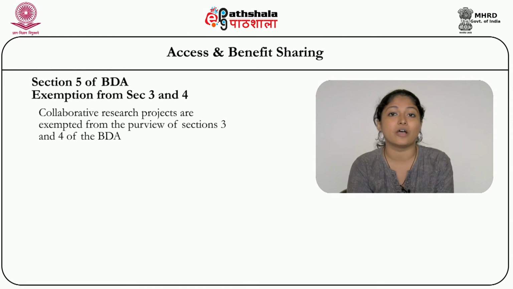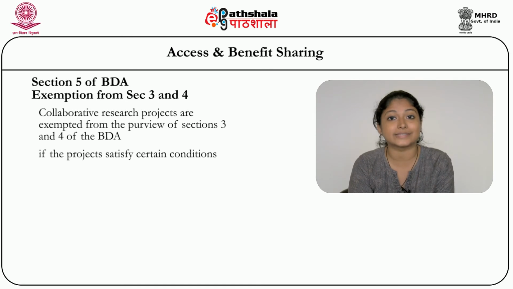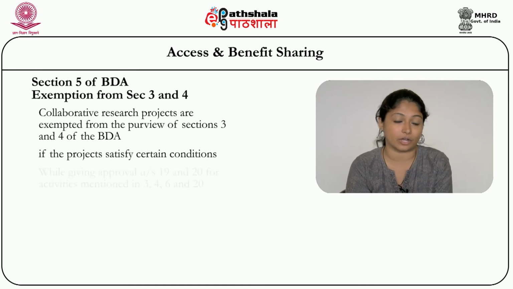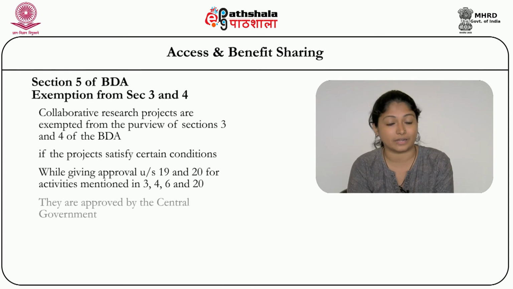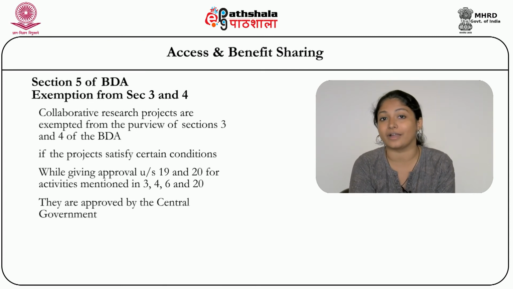If the collaborative project complies with all the conditions listed, that is, the guideline issued by the central government, and you have got approval of the central government, then you don't need the permission of the National Biodiversity Authority under section 3 and section 4. So this is section 3, section 4, section 5 and section 6.